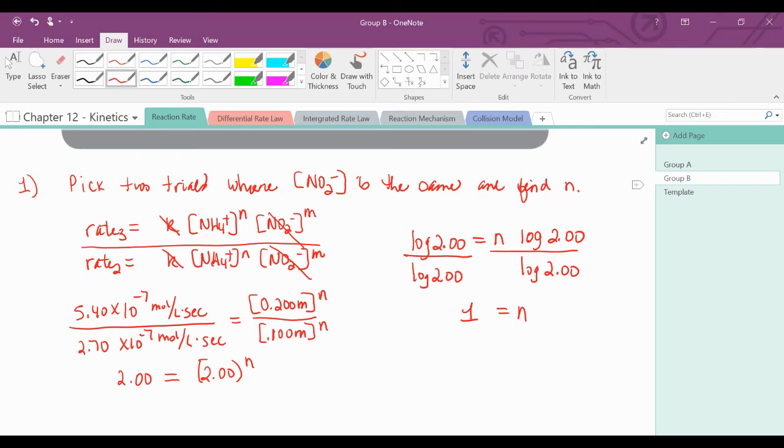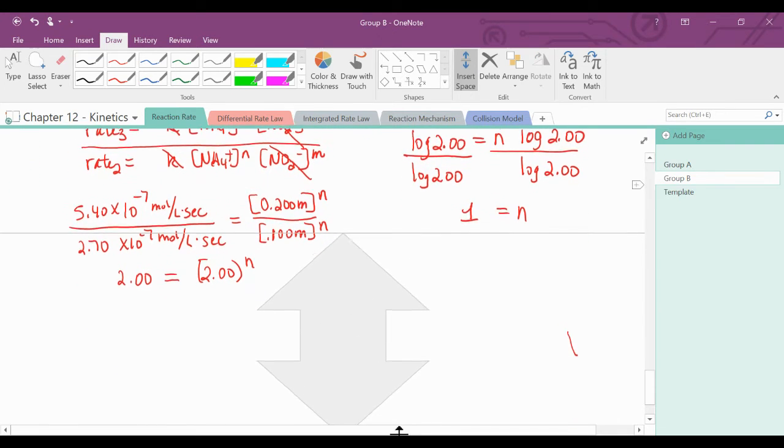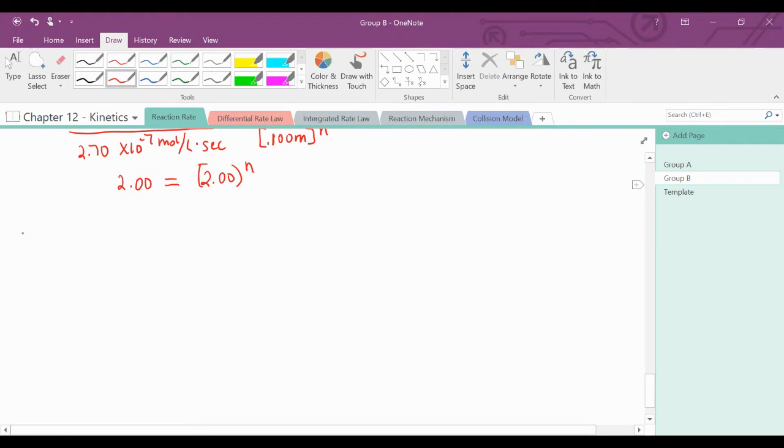Okay, let's look at step number 2 in our problem. Now we're going to determine the order of reaction with respect to the nitrite ion.